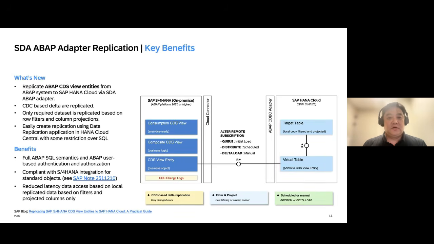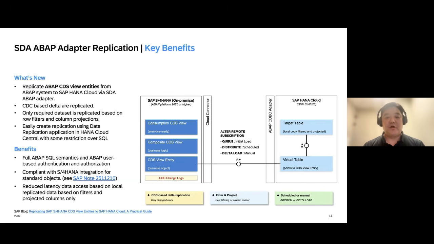Now with the QRC O2 release, we're supporting the replication of the ABAP CDS view entities from an ABAP platform 2025 or higher into the HANA Cloud. They are CDC based, so the delta or the change data are replicated from the source system to the cloud environment.